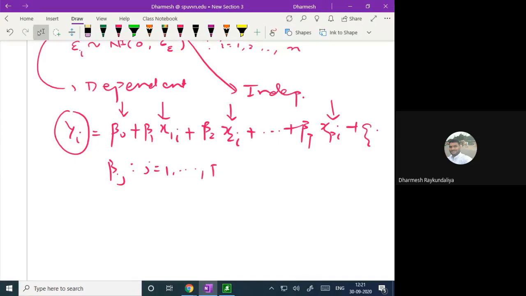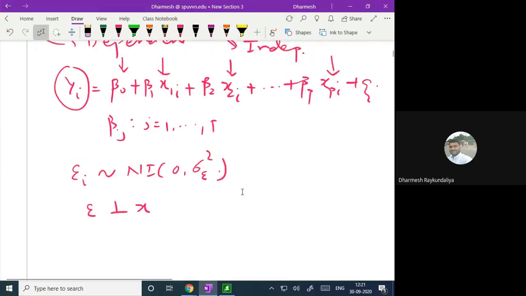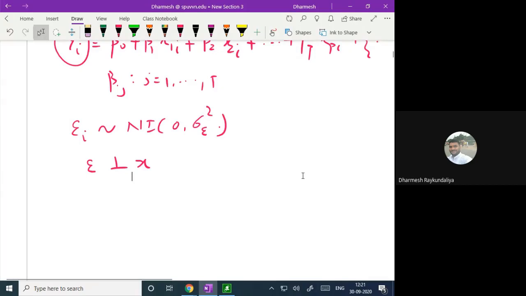The relation between y and x is linear in parameters, so we call it a multiple linear regression. Here again the assumption is that epsilon is normal, independent, with mean 0 and sigma square. Further, we assume that epsilon and x are orthogonal to each other, that means they are independent of each other. So this is the concept of multiple linear regression, and to obtain the estimates of parameters, we apply the least square estimation method.